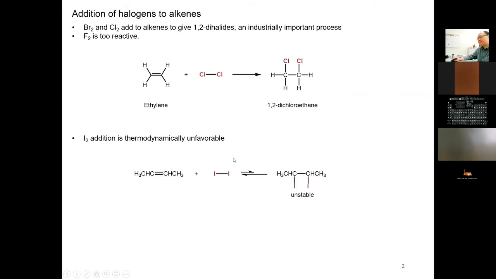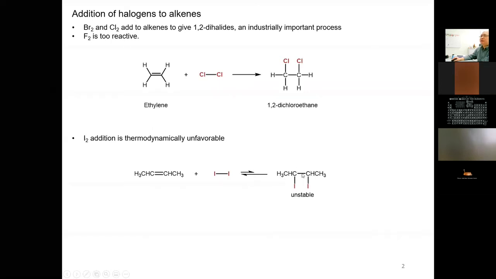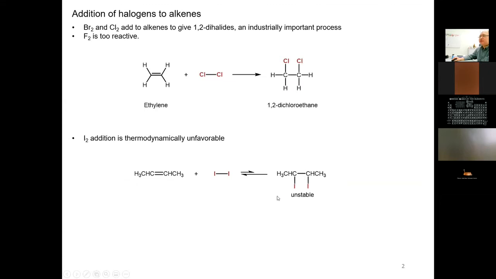What does that mean? The alkene does add iodine to generate this product, but this product itself is too unstable, with 2 iodines on neighboring carbons. So if you have this compound, it will revert back. It will eliminate back into the alkene and iodine.